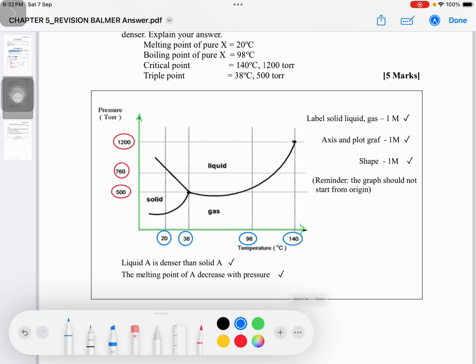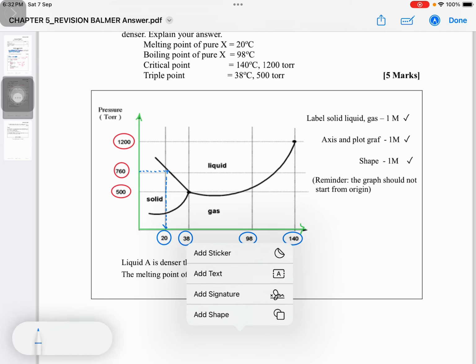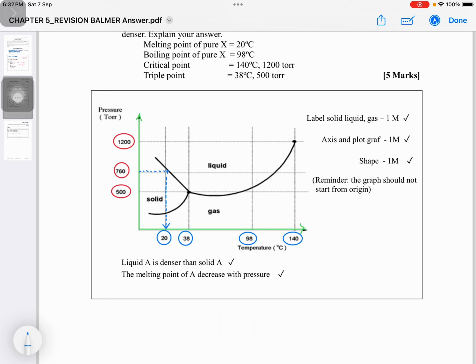The melting point of pure X is 20 degrees Celsius, and the melting point is at 1 atm. For the triple point, it is at 500 torr and 38 degrees Celsius.